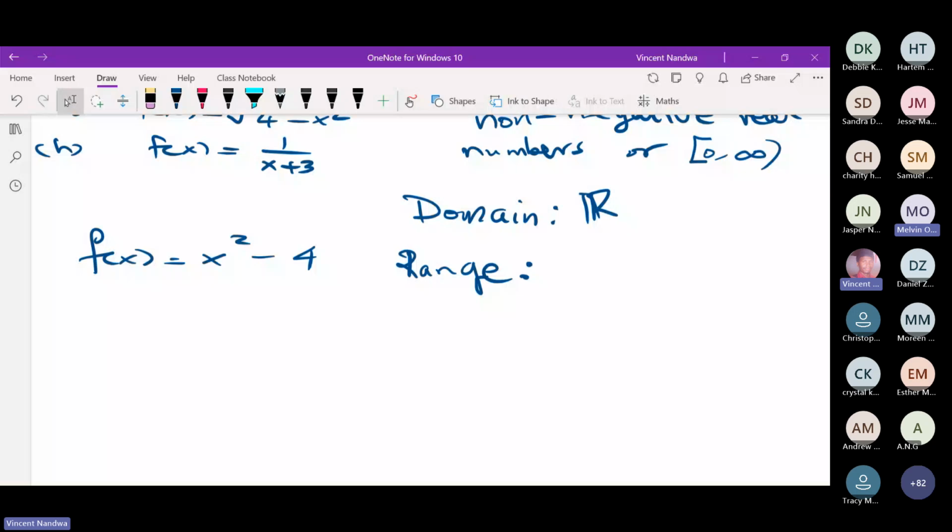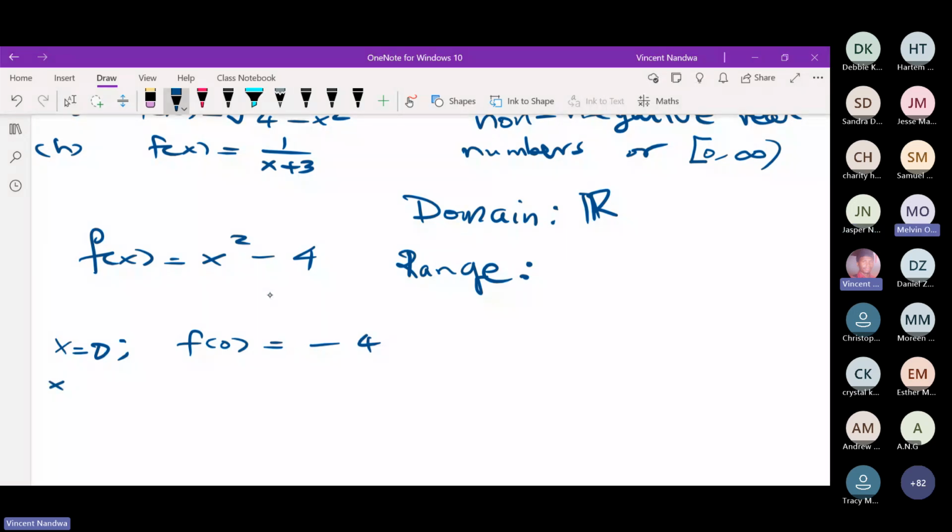So now you have to say what the pattern is. As you put negative real numbers, as you put 0, as you put positive real numbers, what is the overall trend in how the expression x squared minus 4 behaves? Let's say when x equals 0, then f of 0 will be? -4, because we are simply putting 0 for x.